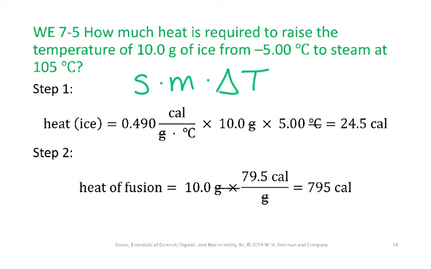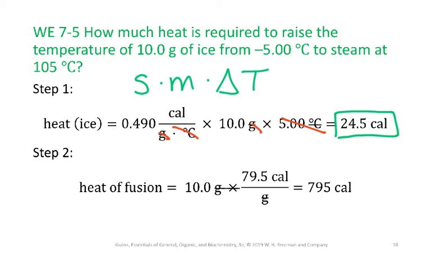If you look up the specific heat of solid water, we get 0.490 calories per gram degree C. The question says we have 10 grams. It's a 5-degree temperature change, and so that would require 24.5 calories. Now we need to melt the ice. There's no temperature change, right?